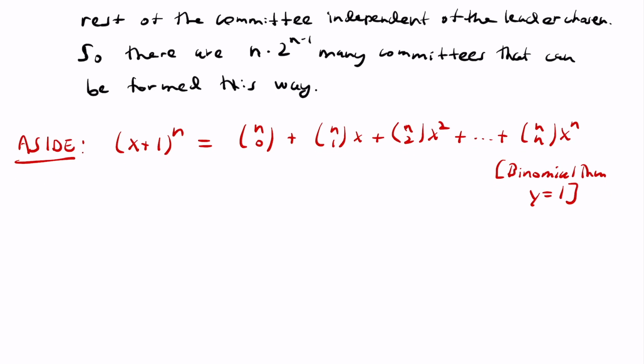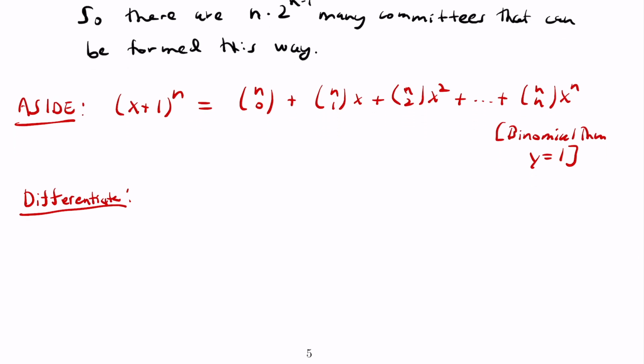So we'll differentiate both sides of this. If we differentiate on the left side, we will get n times (x plus 1) to the n minus 1. And then the right side, we'll get n choose 1, and the constant n choose 0 disappears.